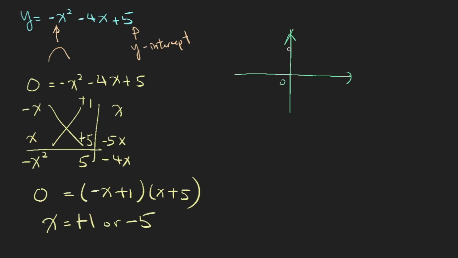So we know that it intersects the y-axis here at 5, and we know that it intersects the x-axis at 1 and minus 5. So our graph will look something like this.